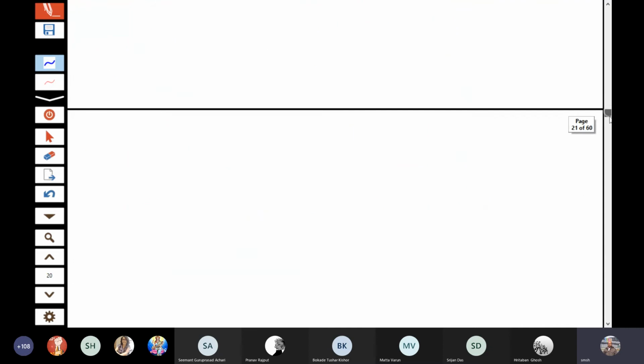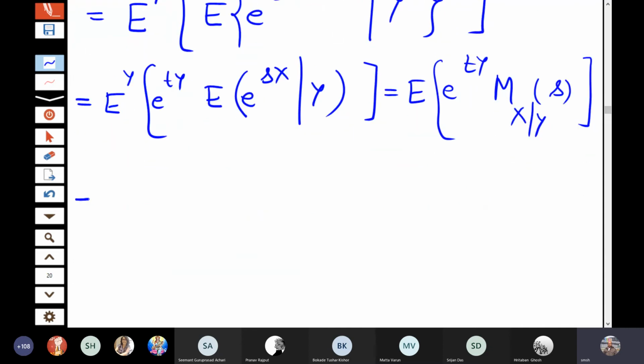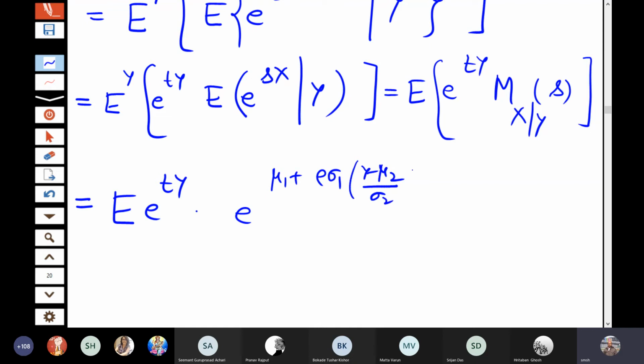So this will give me e to the power mu 1 plus rho sigma 1 (y minus mu 2) by sigma 2, times s, plus half sigma 1 square (1 minus rho square) s square.